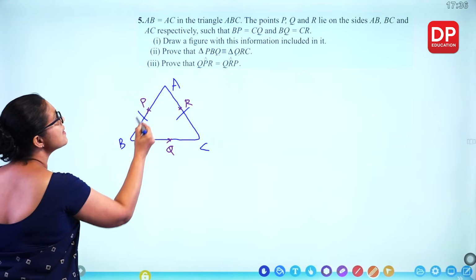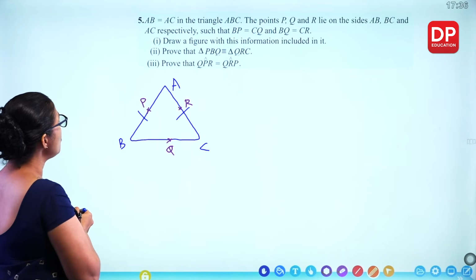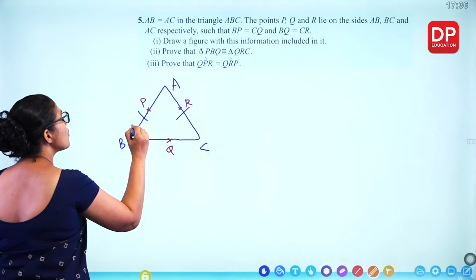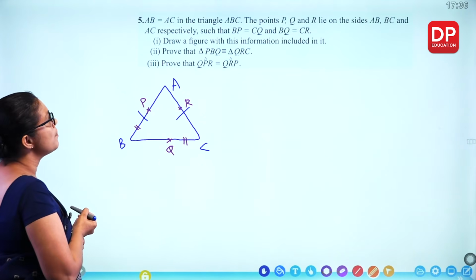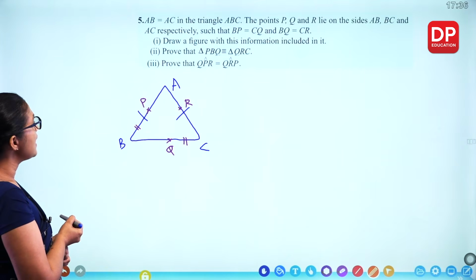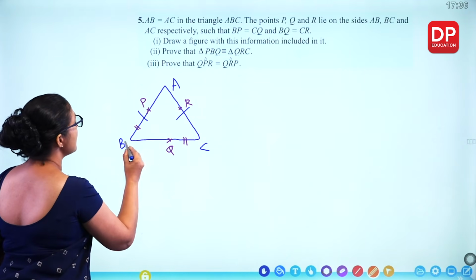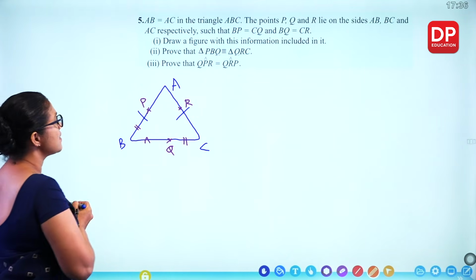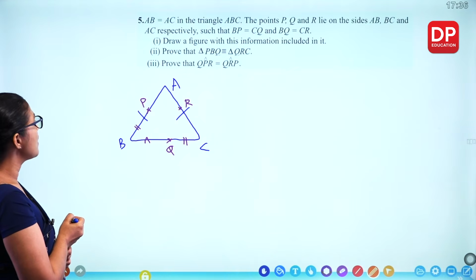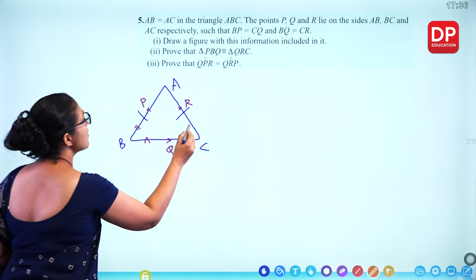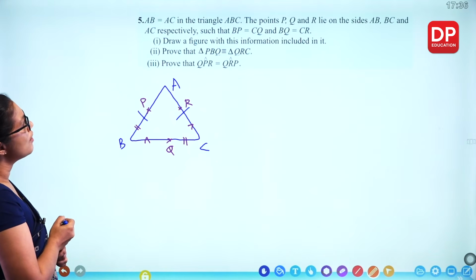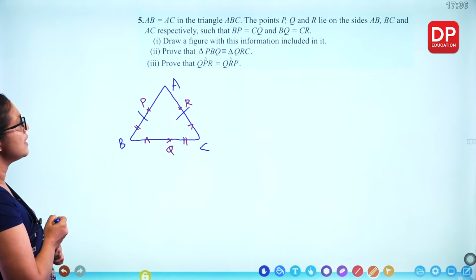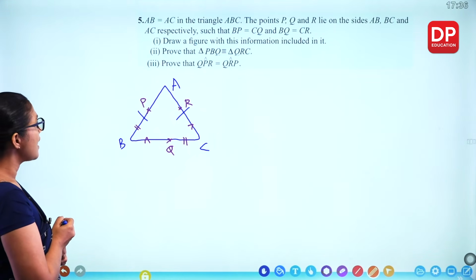BP, this length is equal to CQ. So this part I'll mark with this color. This length should be equal to this length. BQ is this length. So I'll take another symbol. BQ is equal to CR, this length. So here draw a figure with this information included in it. So this is the diagram.